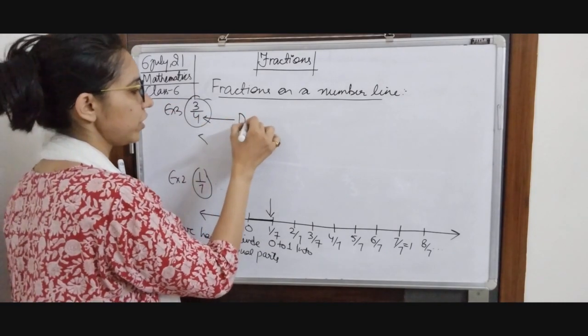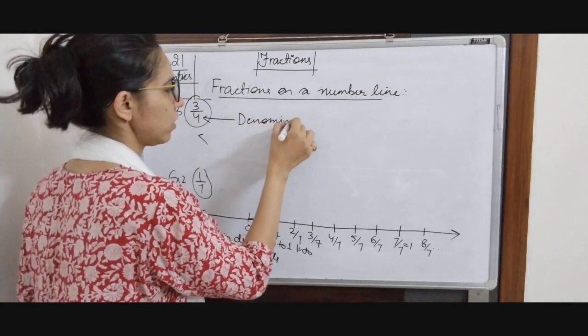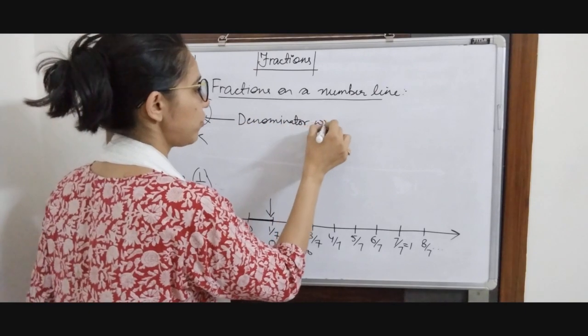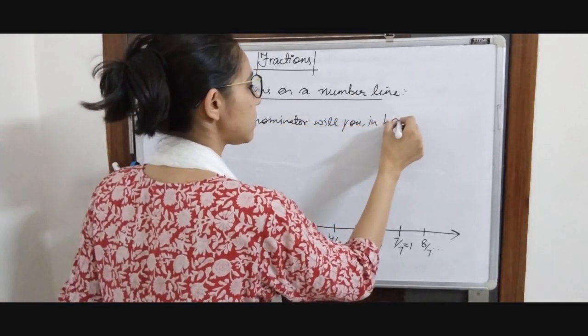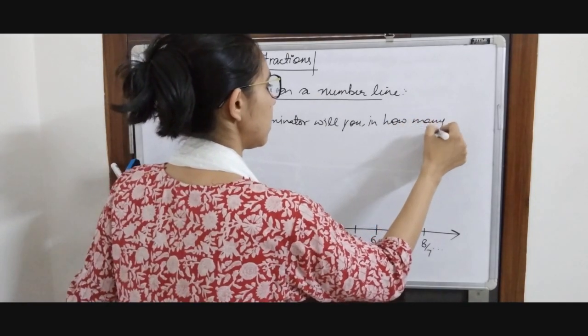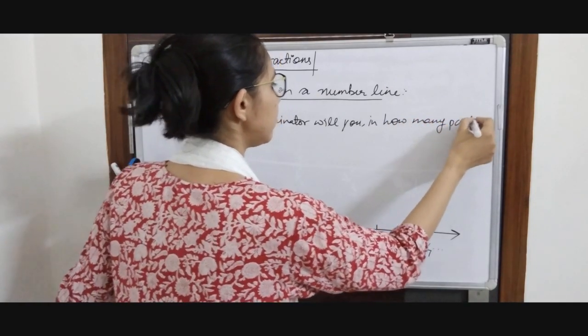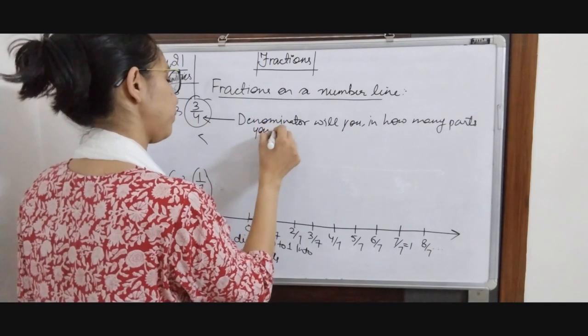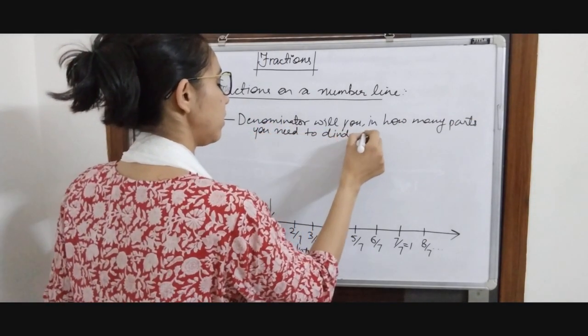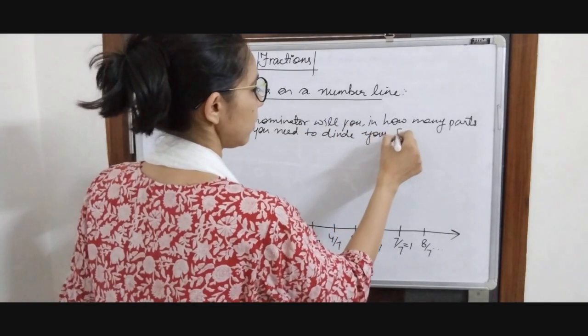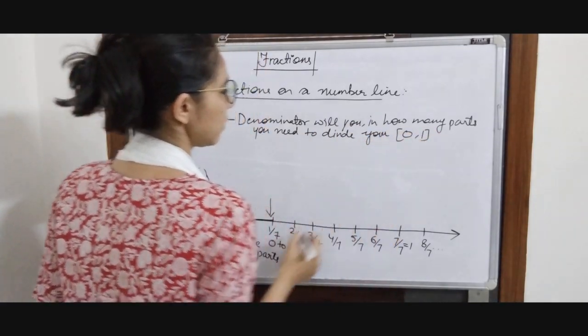The denominator will tell you in how many parts you need to divide your 0 to 1, okay, your 0 to 1.